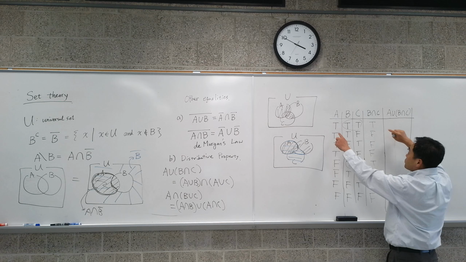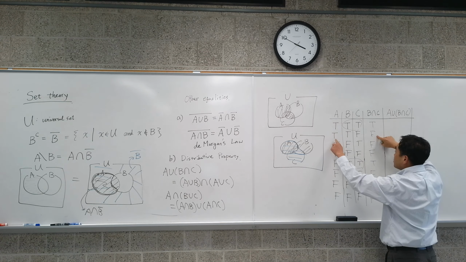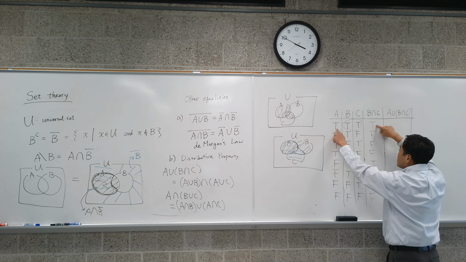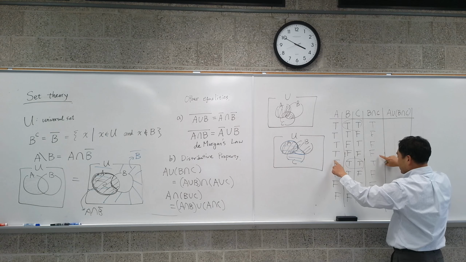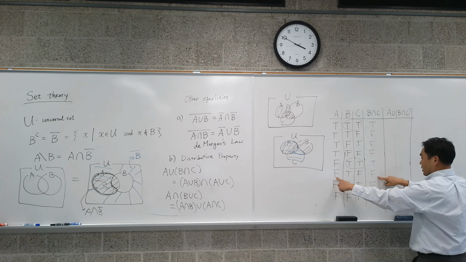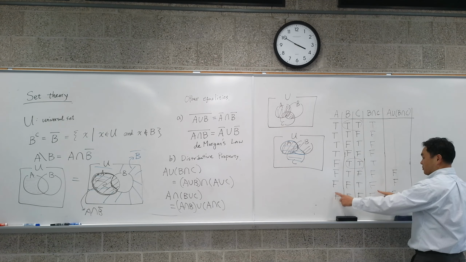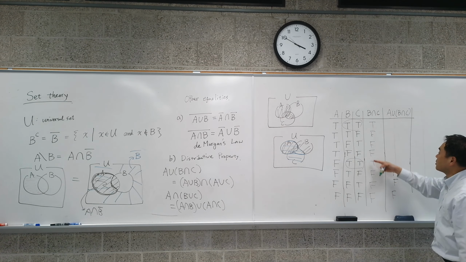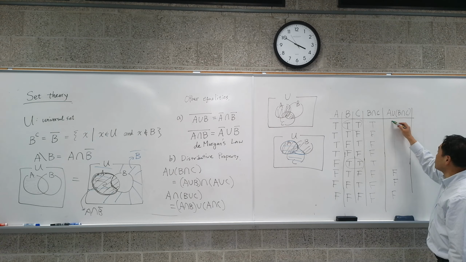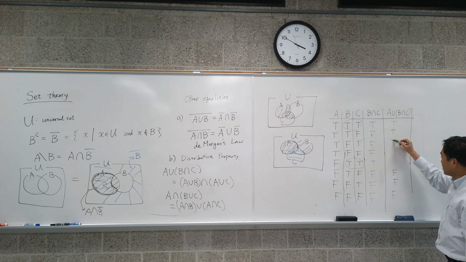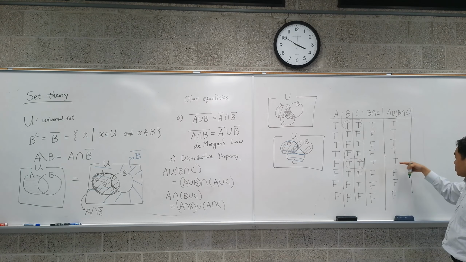So since we're taking the OR between these two, only when you see FF, that's going to be false. Okay, these three cases will be false. But all the other cases, you have at least one true T. So you get true over here and F for the other guys, okay?